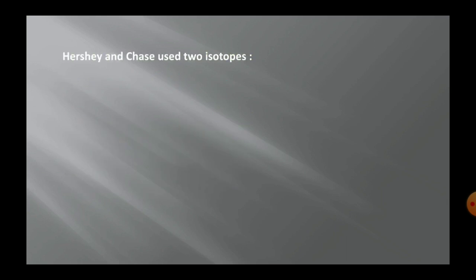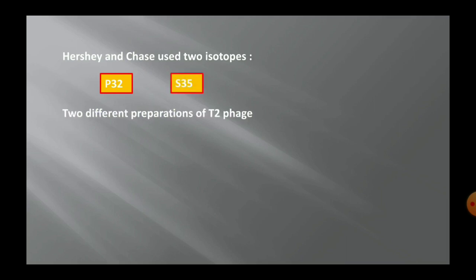During this experiment, Hershey and Chase used two radioactive isotopes. One is P32, phosphorus 32, and the second one is sulfur 35. And they grew different bacteriophages in two different media containing these radioactive isotopes.